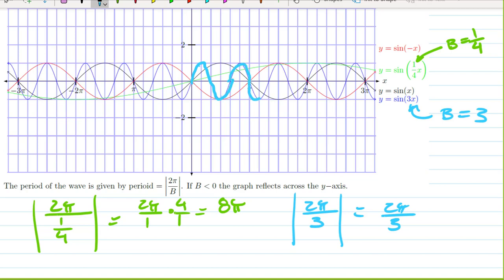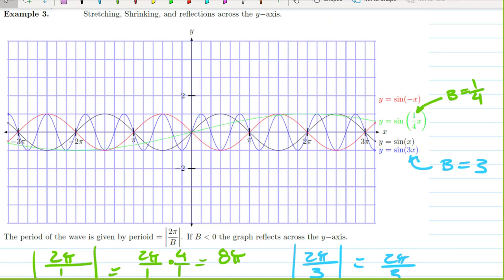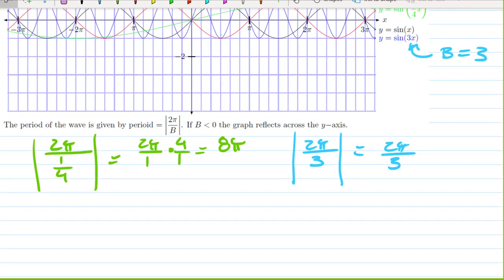At 4 pi over 3, it had done it again, and finally at 6 pi over 3, which is 2 pi, it had made 3 full copies of itself. So the horizontal stretching and shrinking depends on the coefficient in front of the x. The formula to find the period is 2 pi divided by b in absolute value, where b is the coefficient on the x value.